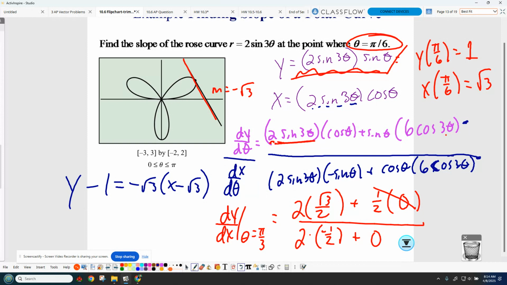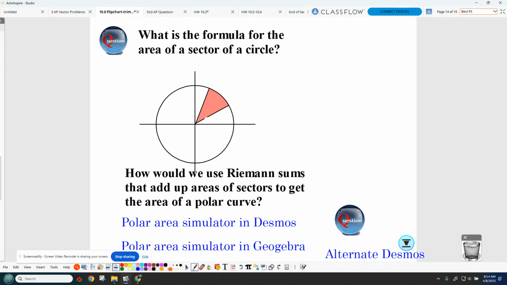Okay. Then there's one more idea: areas of polars. It used to be all nice, area under the curve, top minus bottom. How do we do that when it's pi wedges?